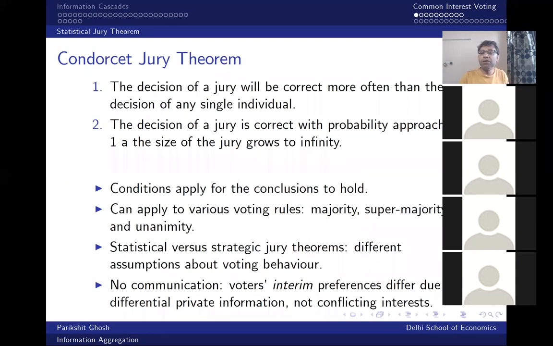Remember the Hotelling model? There were two interpretations. One is that it's like a long street like Janpath or a stretch of beach, and the game is a competition between different vendors who are deciding where to locate, whether to locate at the center or towards one of the edges.